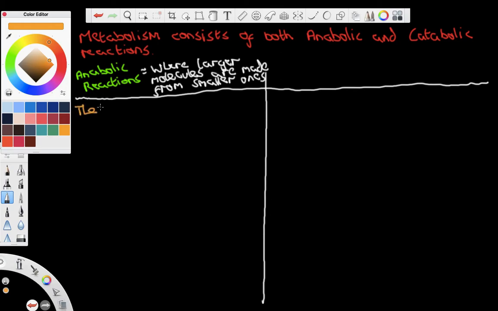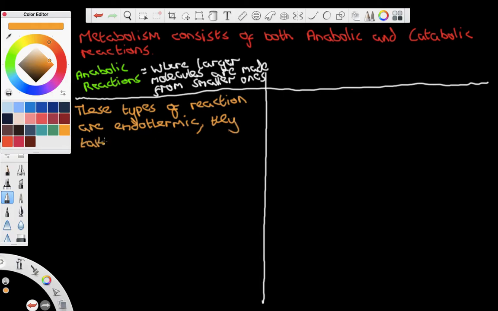So these types of reaction are endothermic, they take energy from the environment.